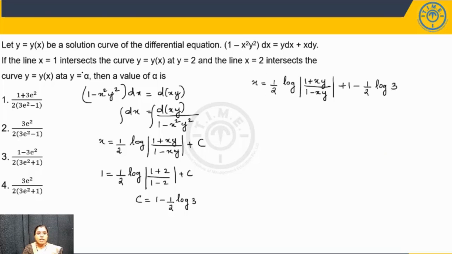Now we have to find out the value of alpha. If x is equal to 2, it will intersect at y is equal to alpha. So let's put x is equal to 2 and y is equal to alpha. So 2 is equal to 1 by 2 log (1 plus 2 alpha) divided by (1 minus 2 alpha) plus 1 minus 1 by 2 log 3.